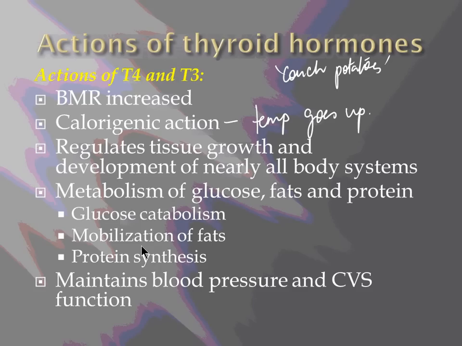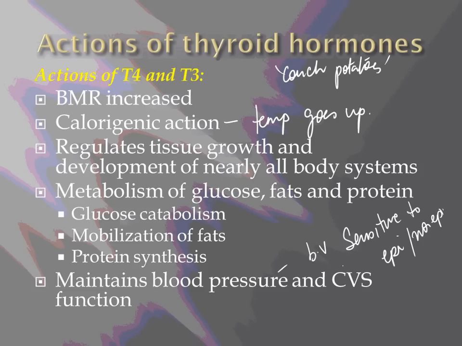As I said, since it acts on all body tissues, it maintains cardiovascular system function. It maintains blood pressure because it makes the blood vessels sensitive to epinephrine and norepinephrine. So you can understand, with someone who has a hypersecretion of thyroid hormones, what do you think their blood pressure will be?